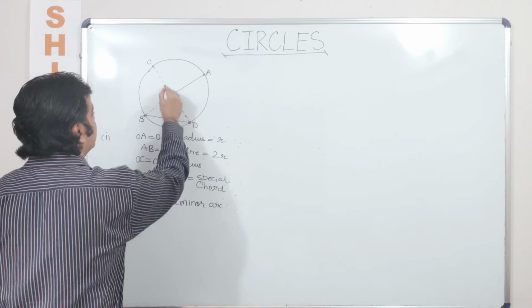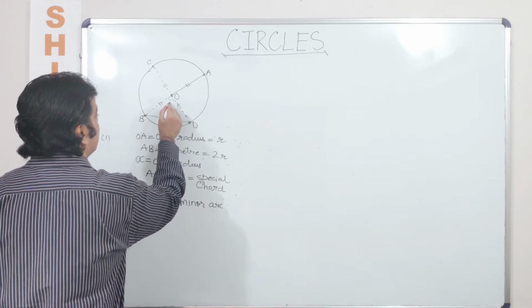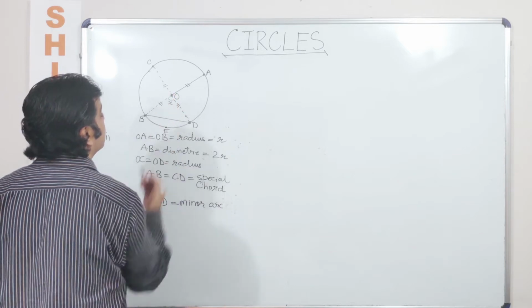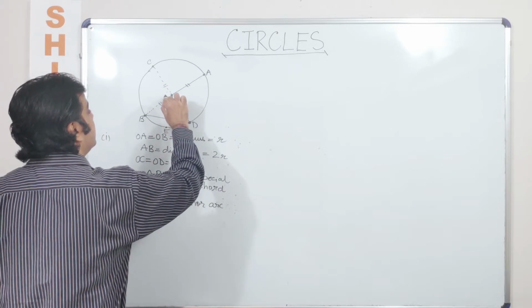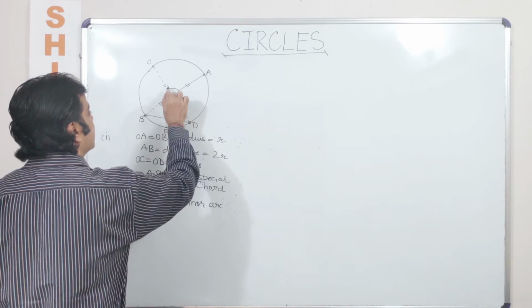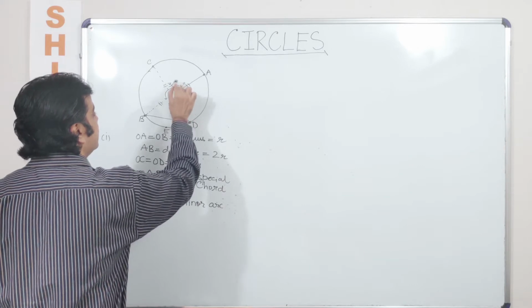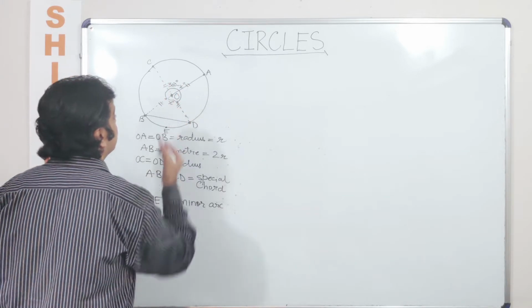So can I say all these are equal, as discussed a few minutes back? Now let us say this angle is x. In that case, the remaining angle, if I talk about this angle, will be 360 degrees minus x degrees, if this is x degrees.